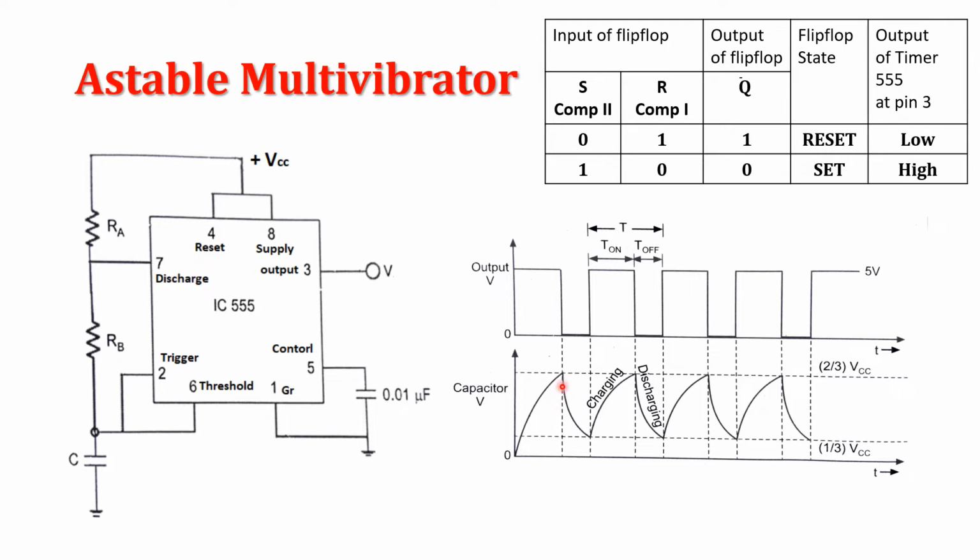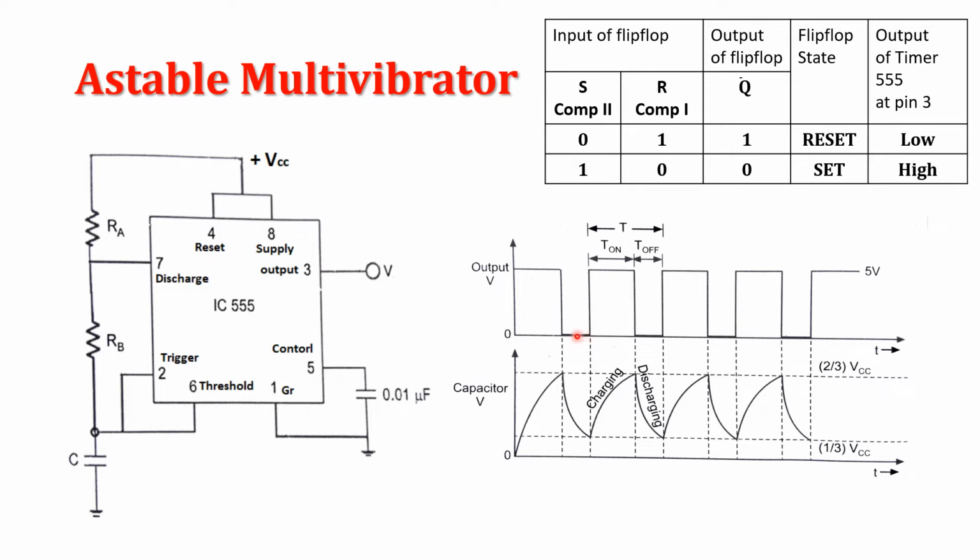The output of comparator 1 is high, that is R is 1, S is 0, and the output of the flip-flop is also high. In that condition, the flip-flop is in the reset state, and then the output of the timer becomes low. That is shown here.